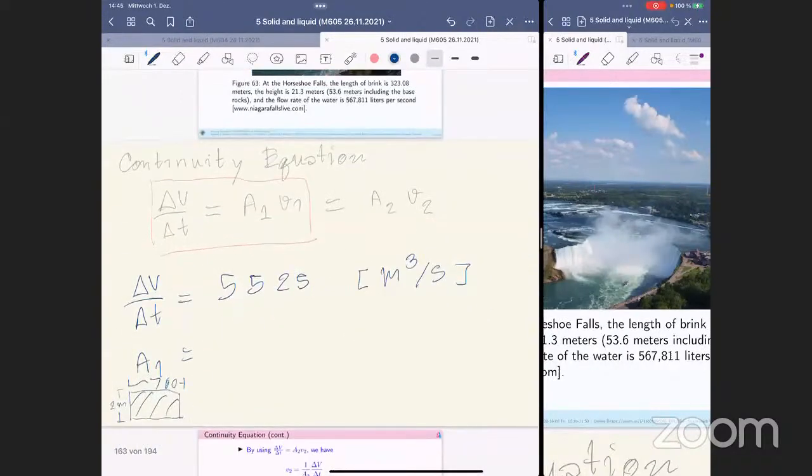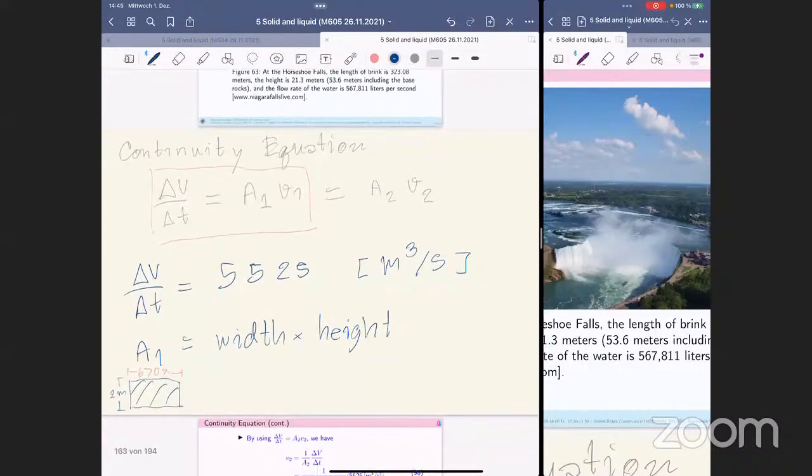So the cross-sectional area is going to be the product of width and height, width times height of the water.